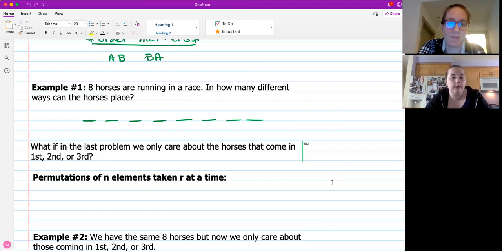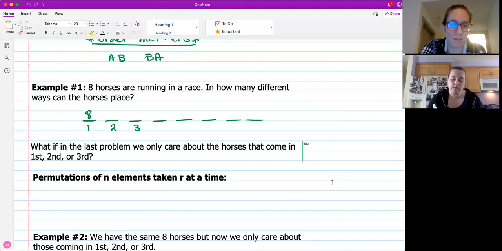This is very similar to what we were doing yesterday, and the order matters. In first place, we can pick from all 8 horses.